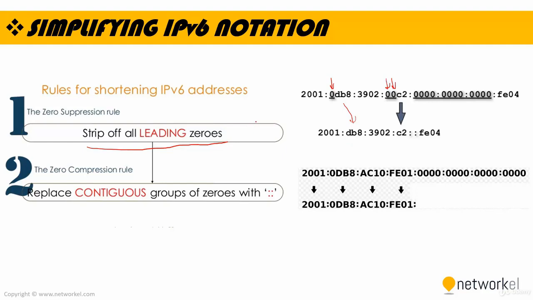And the second thing is the zero compression rule: replace the contiguous groups of zeros with a double colon. Please keep in mind that I can do it just one time. As you can see, we have contiguous groups of 0, and I'm writing just a double colon instead of them.